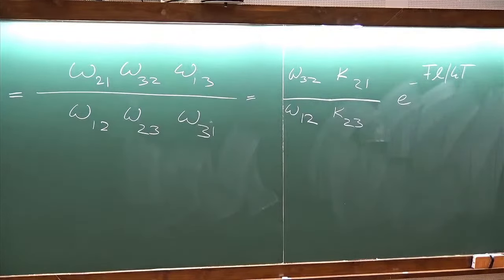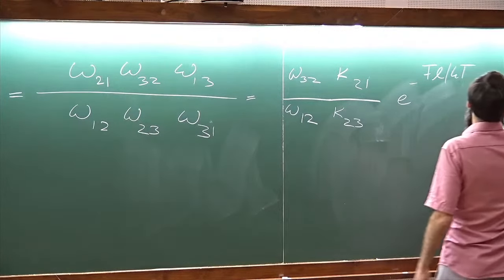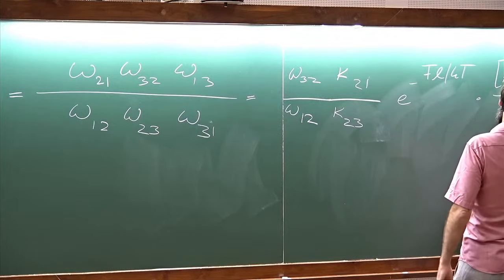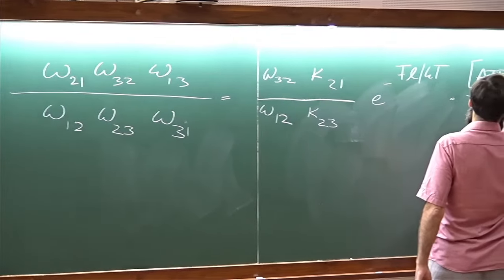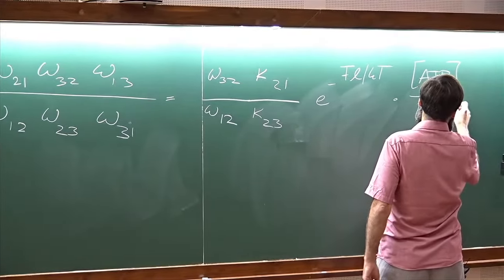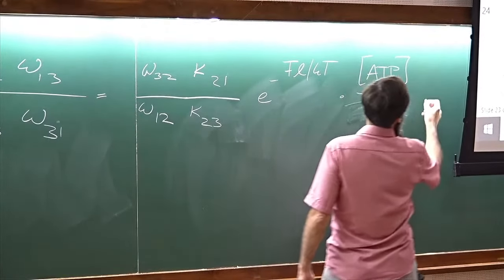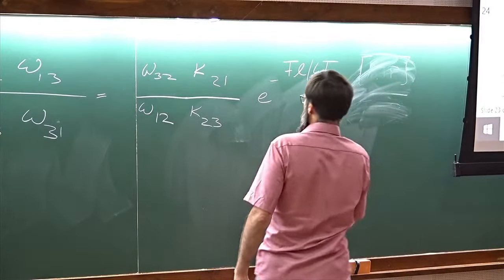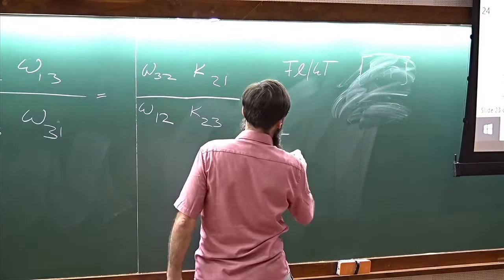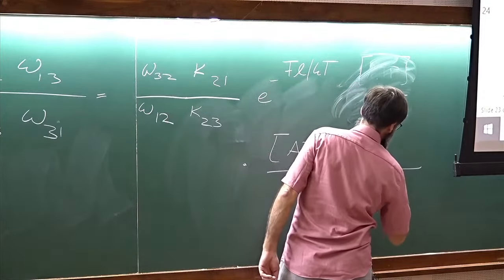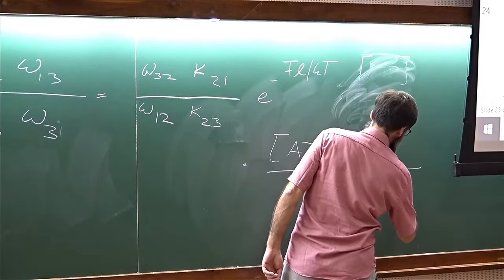But what's now left are all these concentration dependencies. So this is also still there. I now have this times ATP over ATP 0. Let's put this down here, okay? I have here the ATP concentration, and I have ATP 0.